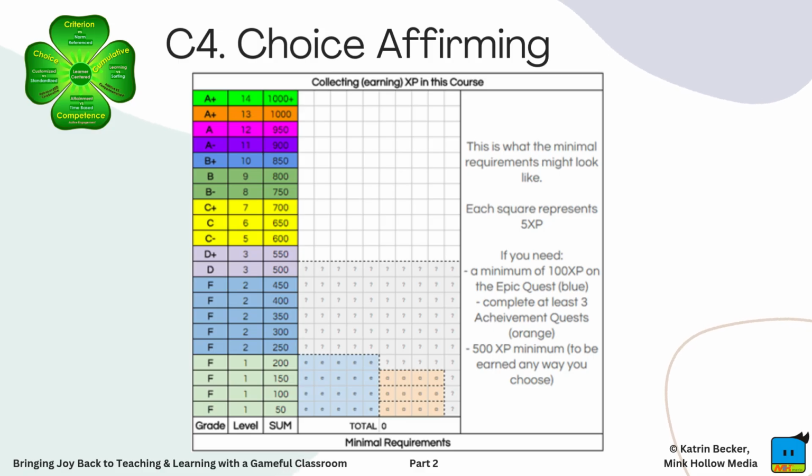So in this case, I've colored in those blocks that make up their minimal requirements. And as you can see, if they complete the minimal requirements, they will pass, just barely. And if they're content with that, that's their choice. Part of the choice is being able to choose to be mediocre if that's what you want.